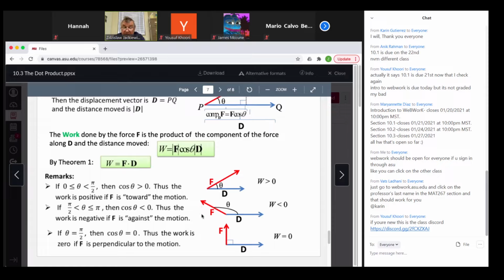Here, the projection points in the opposite direction of the displacement, so the work is negative. And here, the work is zero because the projection of this vector F on the displacement is just zero. Yeah. The scalar projection is zero. The vector projection is zero as well.